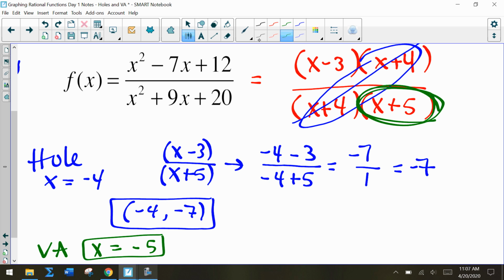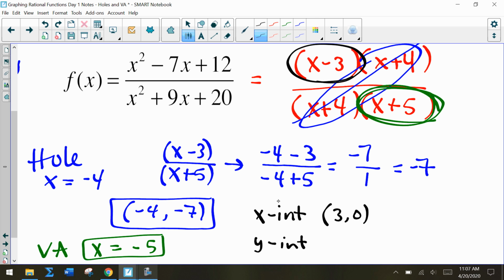And then the x-intercept, notice how the reduced function is only left with x minus 3 in that numerator. So the x-intercept is 3, comma 0. And then the y-intercept, if we set x equal to 0, notice how we have these constants here. So we have 12 20ths.